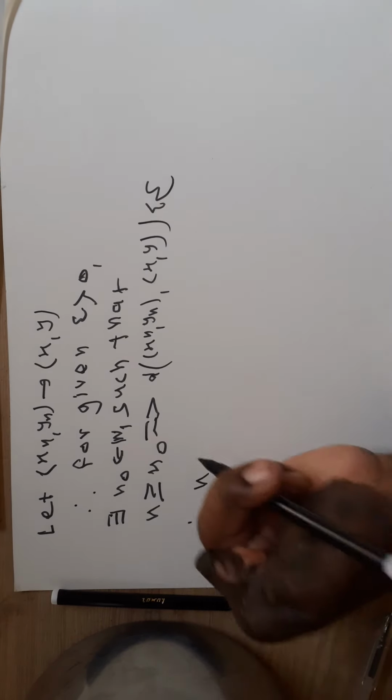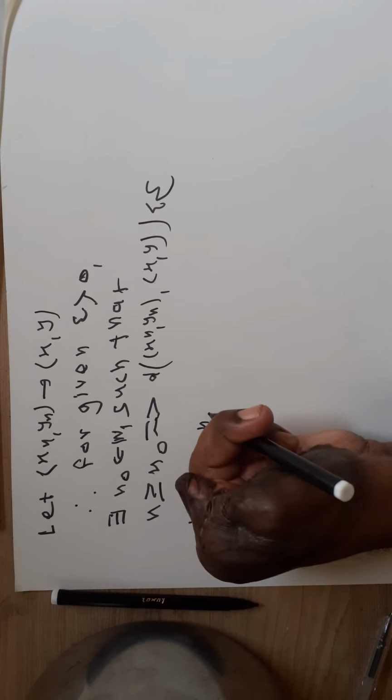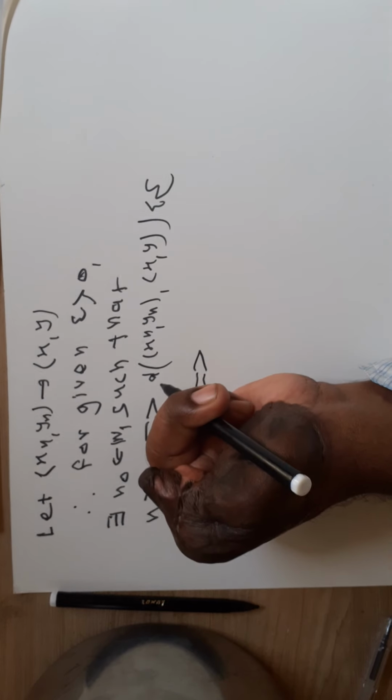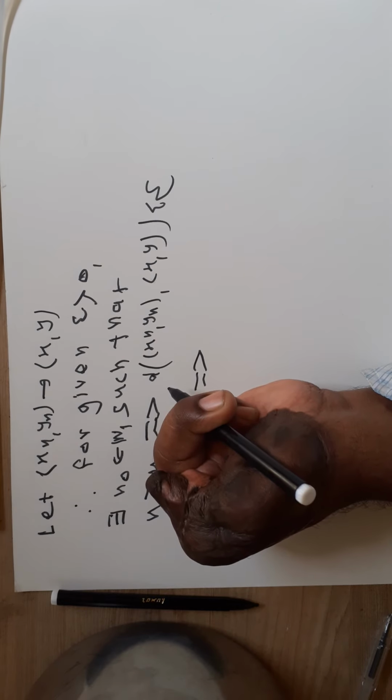Therefore, n greater than n0 implies d, how do we define the d distance between (xn, yn) and (x, y)?